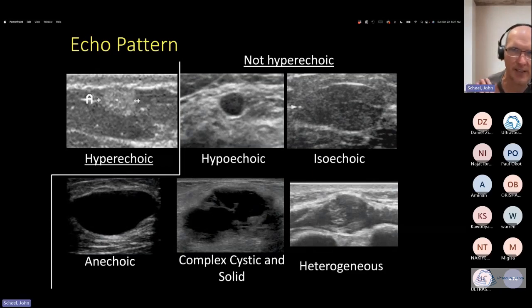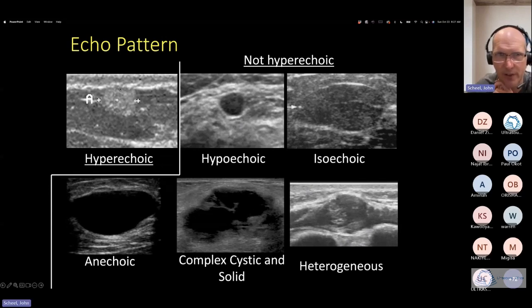The reason that not hyperechoic are these four, heterogeneous, isoechoic, hypoechoic, and complex cystic and solid, is that they don't help you decide if something's benign.